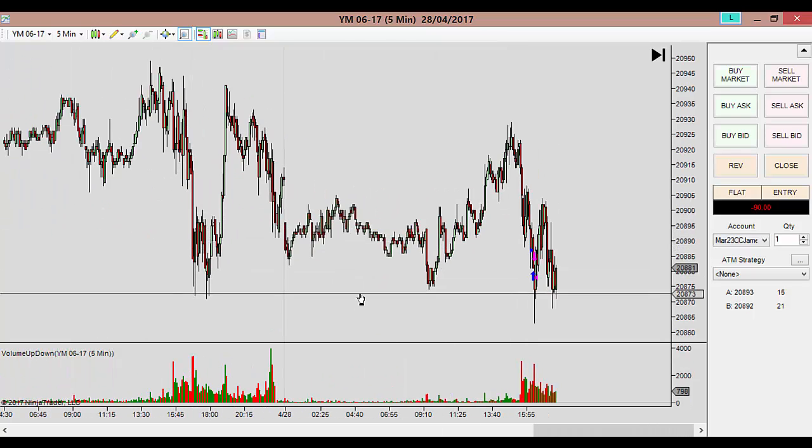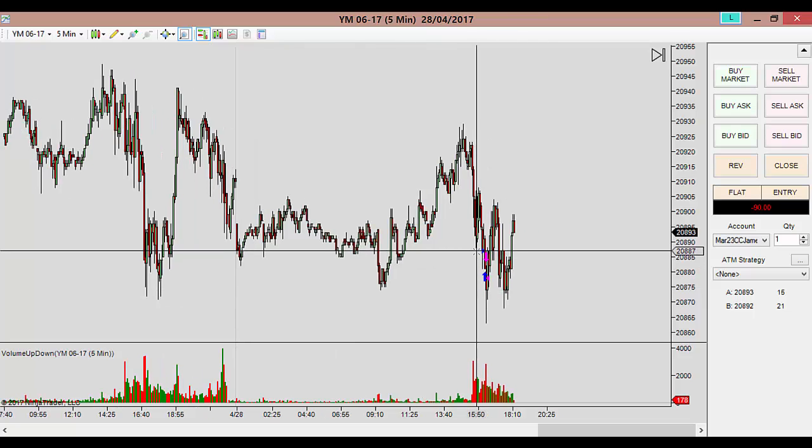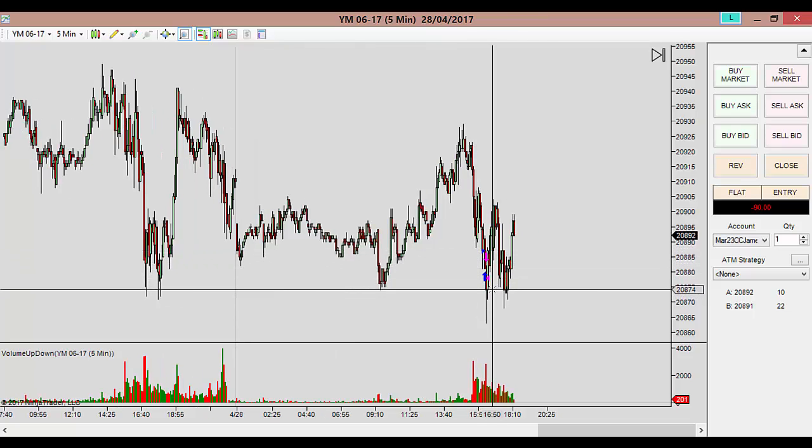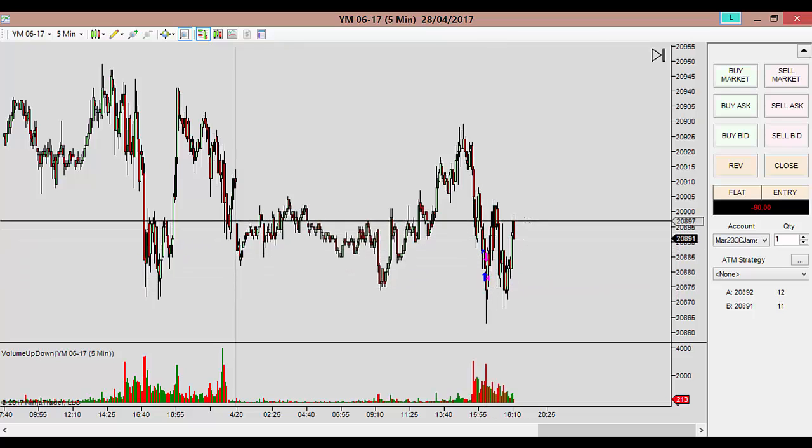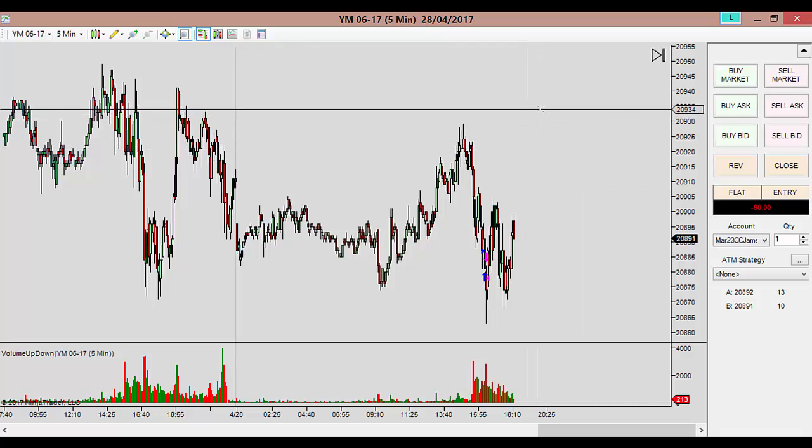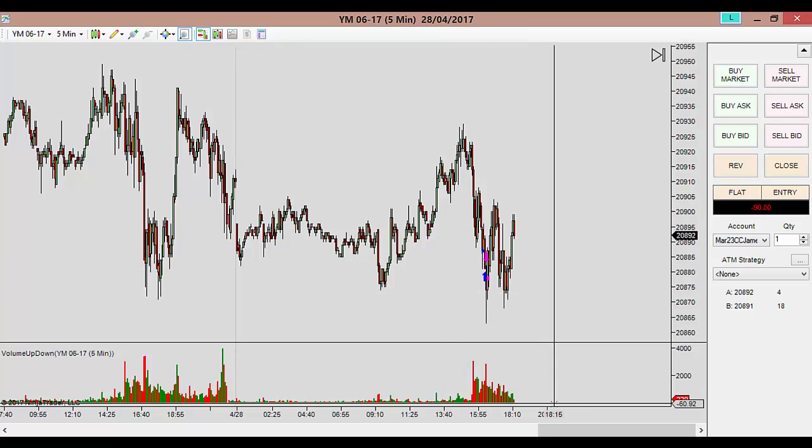So I missed that one as well, and then got this trade, which is fine. But again, a little retail, and I'd have been better off going 74, in which case I'd still be in the trade looking for whatever it was up here, 34. So looking for 6R. So yeah, that's YM.